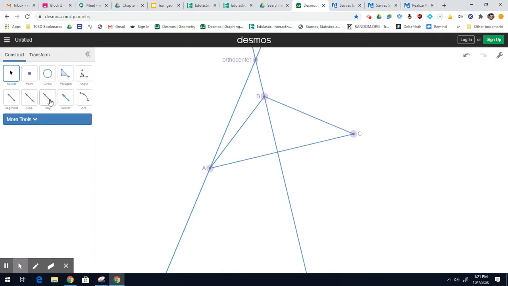In reality, I'll use this ray and I'll color it. What's happening is we're extending that side length. I use orange. So we still have this segment here, which hopefully will cover it in blue. But when we extend it, now this perpendicular is outside the triangle.